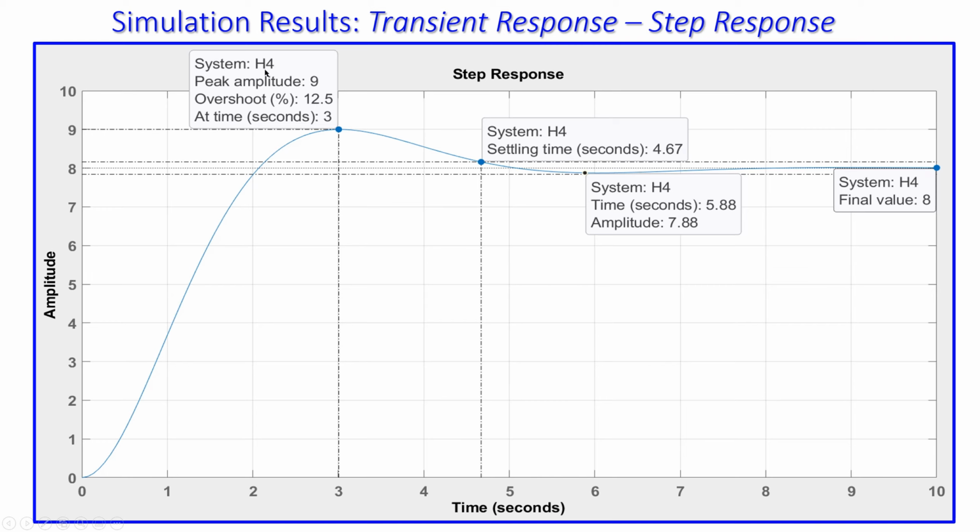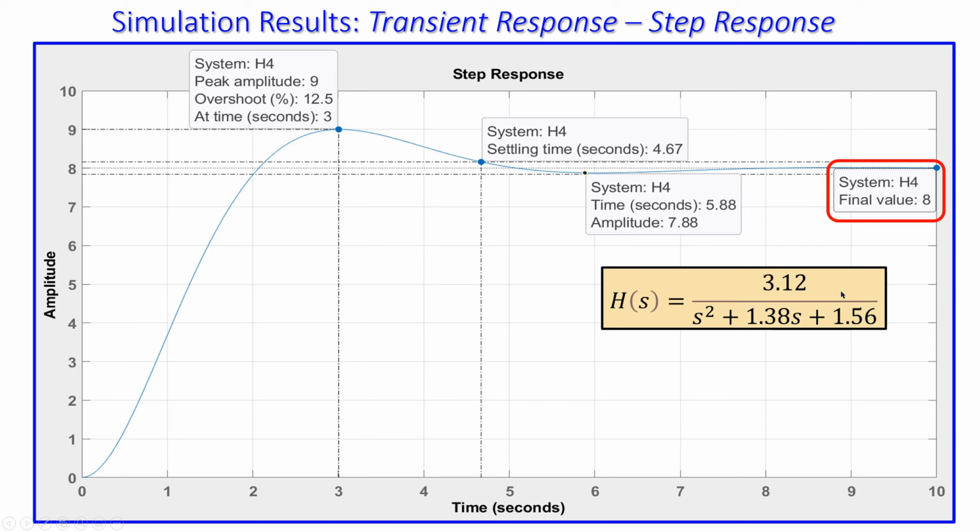I can see the values from this transfer function. You can see this is 8. If I substitute s equal to 0 here and do 3.12 over 1.56, I get a 2, times the 4 of course, due to that input. So I have the 8, which is the final value. That's correct.